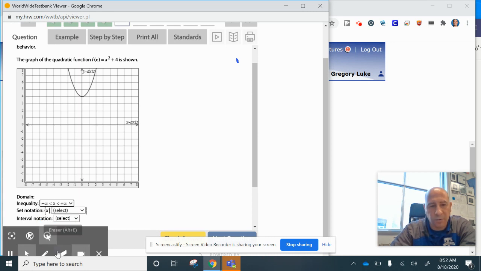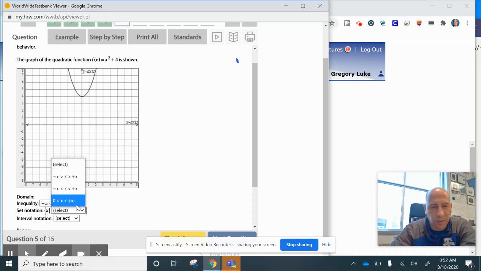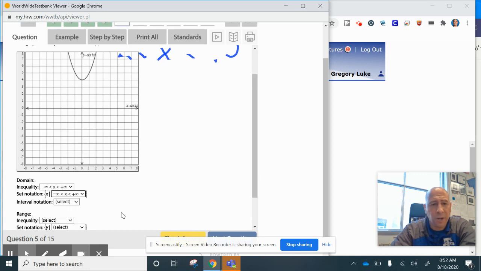They're always in this direction. Because x is always greater than the negatives, but less than the positive infinity. Inequality and set are the same thing. So once you have that, these are identical. Interval notation, again, is just the same thing, just using parentheses, negative infinity to positive infinity.